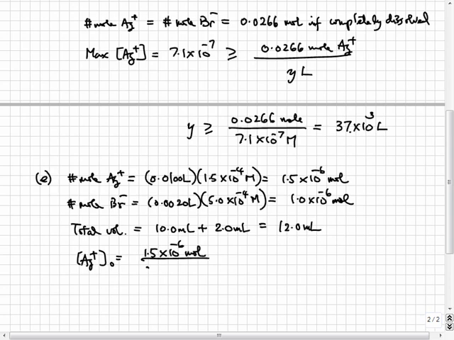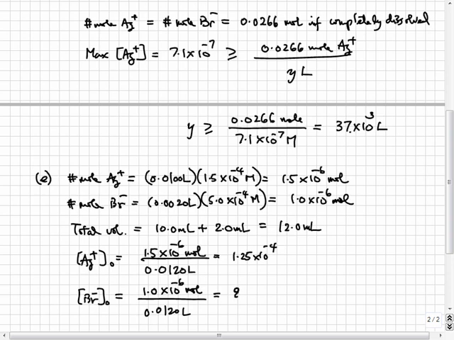Q, the product of them, equals 1.0 times 10 to the minus 8. This is larger than Ksp, so a precipitate will form.